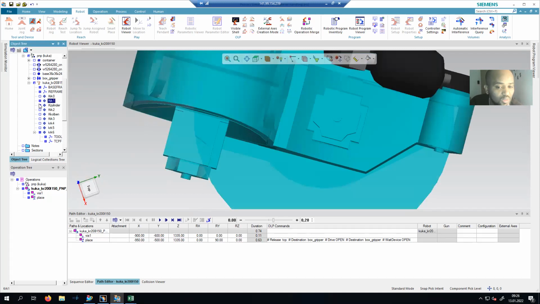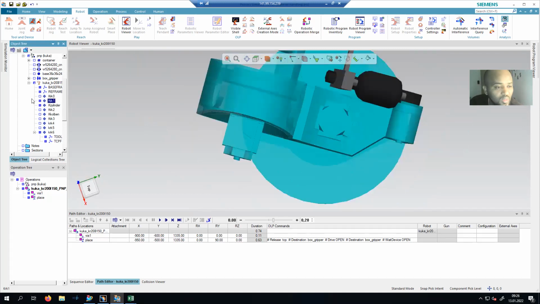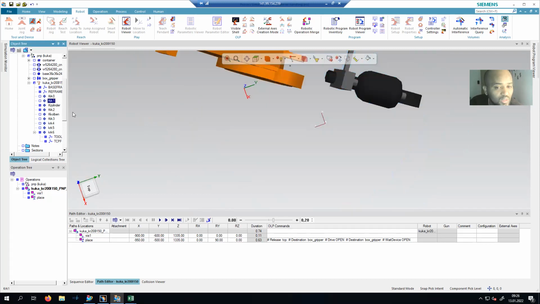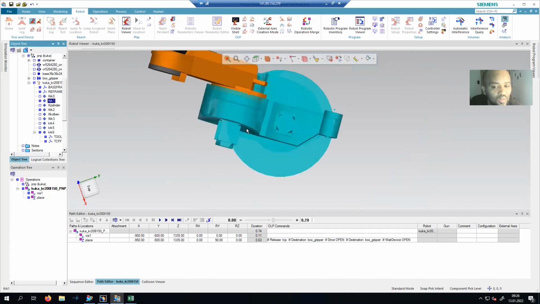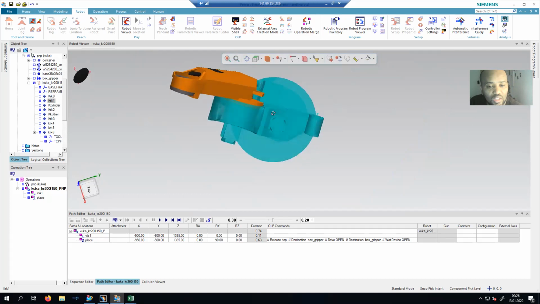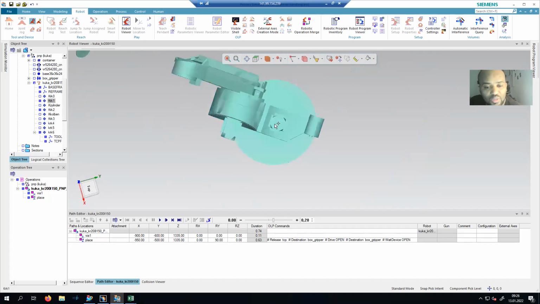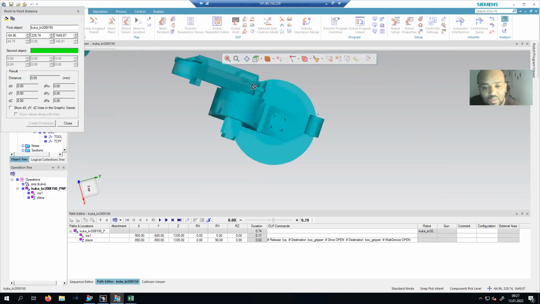Okay, maybe let's say this one. No, maybe not the cylinder, maybe I need this one. So it is the other way. From this point, where I have the cursor here, to the center of this one here, there is an offset. Maybe I could measure it like this.